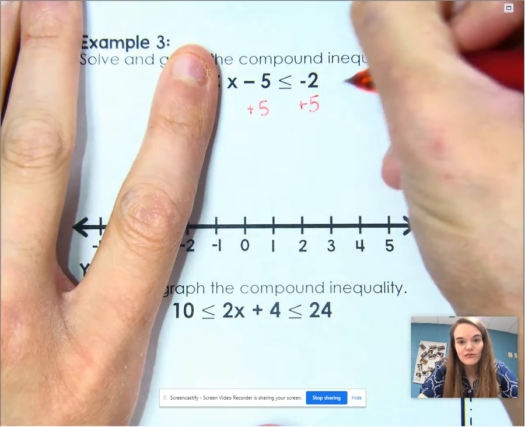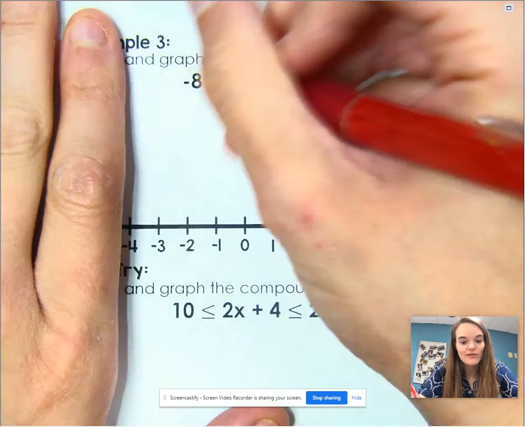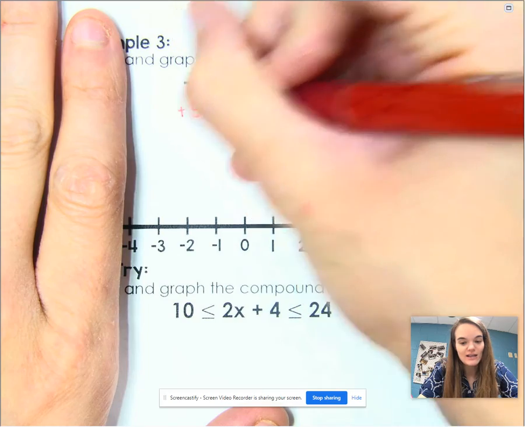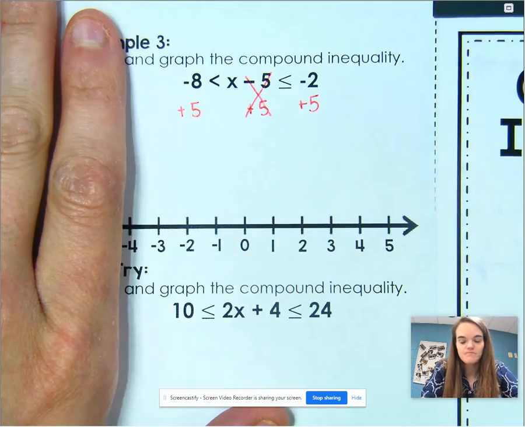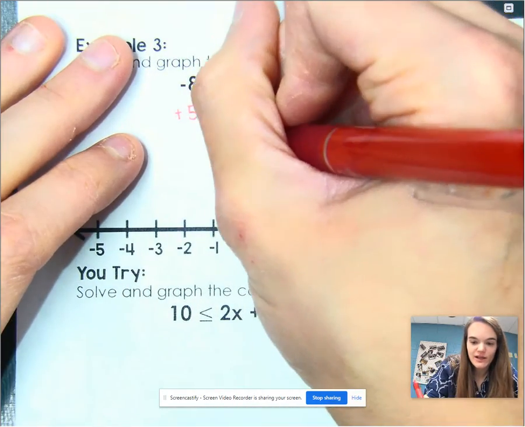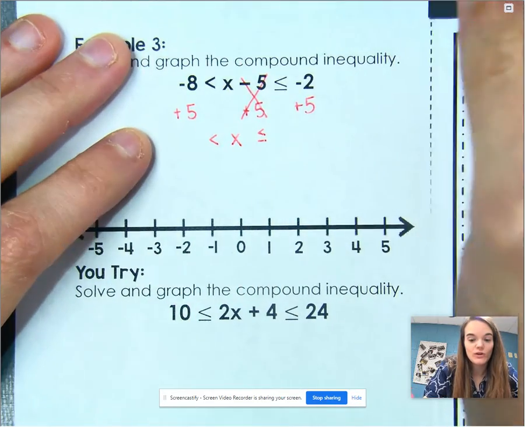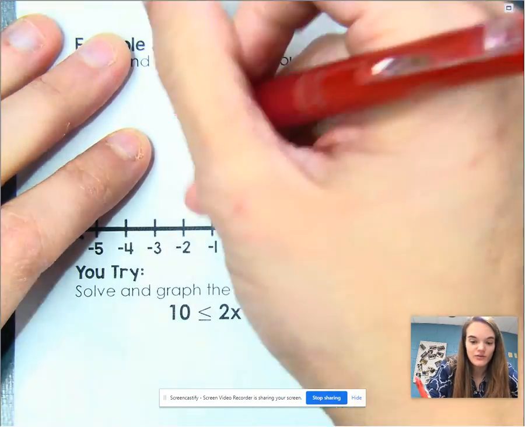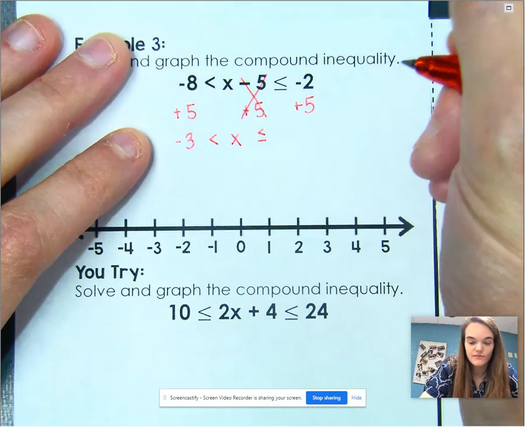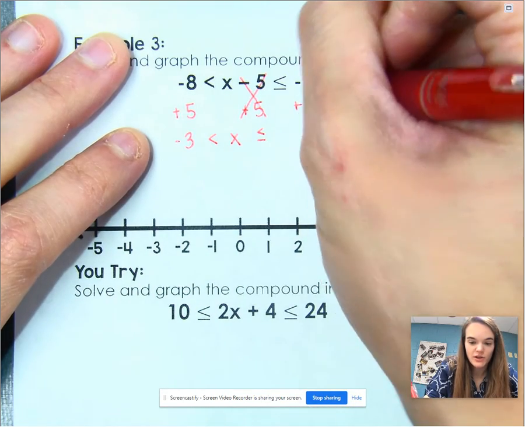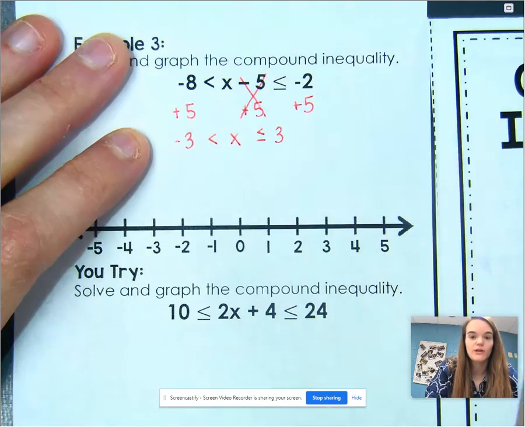Before I added 5 to both sides. Well, I have a third side now, so I have to add it to all 3, okay? I'm going to bring down X and the symbols, and then I'm going to add -8 plus 5 is -3. -2 plus 5 is +3.